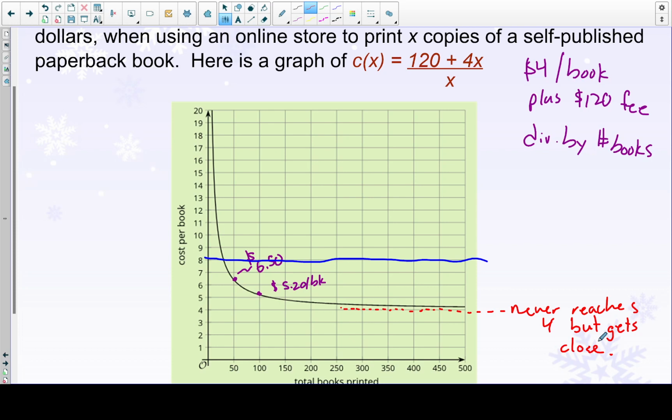So here's what we can say about it. You might remember some of the notation that we used earlier when we did this. As x approaches infinity, in other words, as x gets larger and larger, y approaches 4.